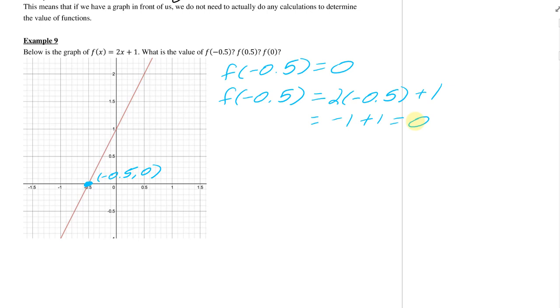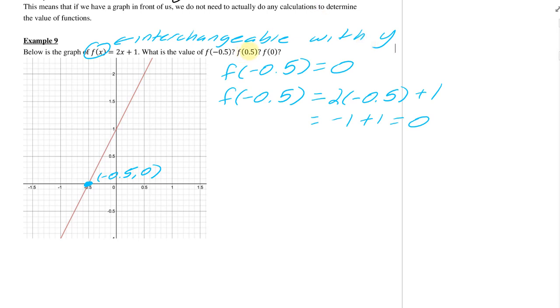So what this tells me is that the y value is actually standing for my f of x. So my f of x and my y are both interchangeable. This is what we're getting out of this. So if I just read the y coordinate off of this, that is telling me the value of f of x.